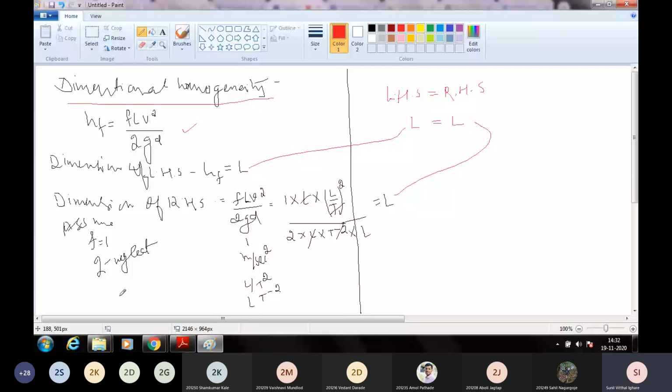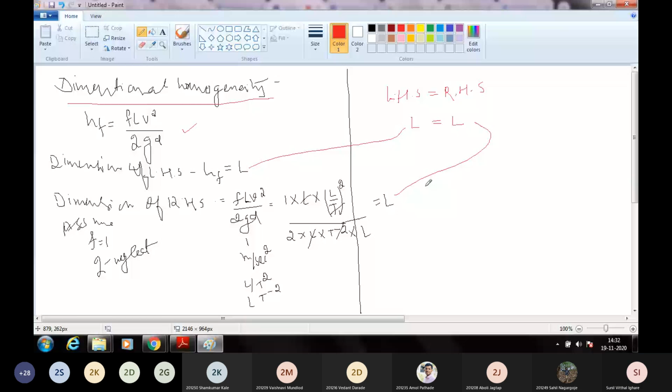Okay, this formula is dimensionally homogeneous because we have separately solved the left-hand side and right-hand side, and they both are the same. So if we come across this type of formula, you can resolve it to check dimensional homogeneity.